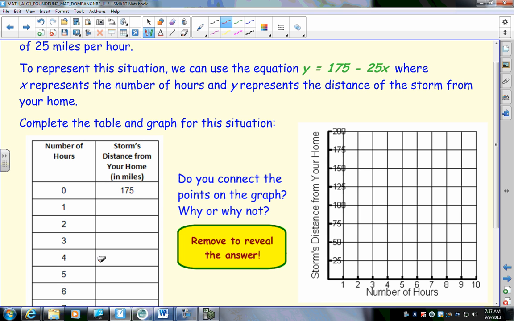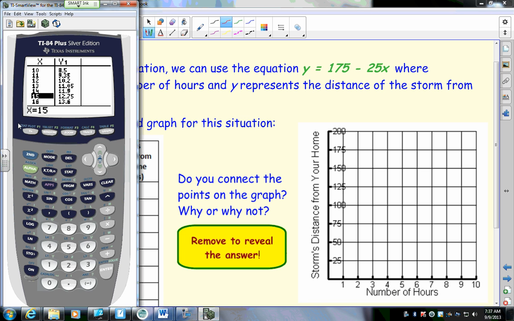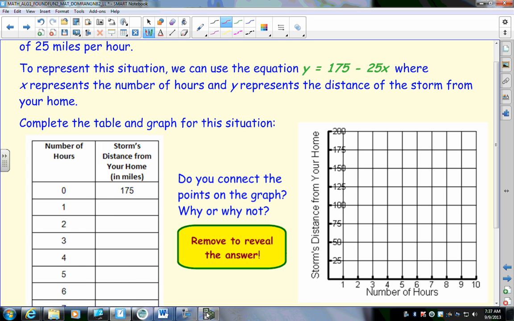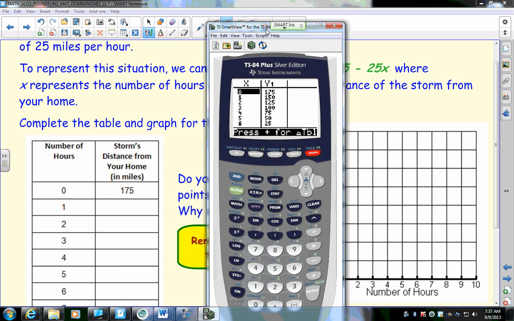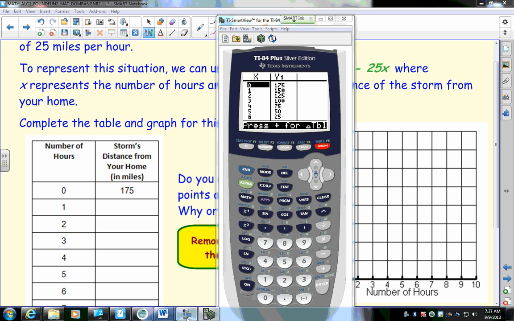And to fill in your table, you'll go to y equals in your calculator and put in there 175 minus 25x. And then you'll be able to go second graph and look at your table. Let's see, I need to go back to 1 or 0 here. Okay, so now with this information, you should be able to fill in your table like I'm asking you.